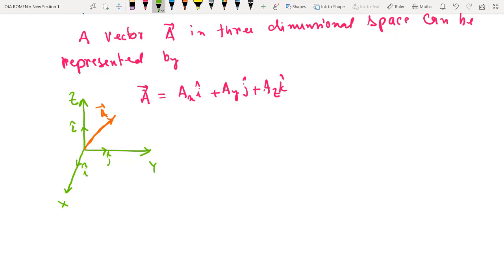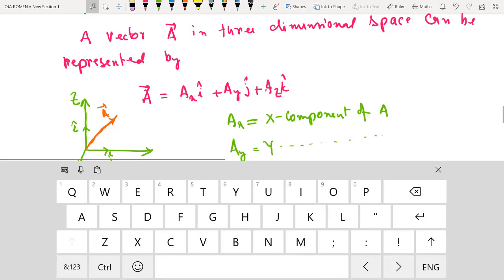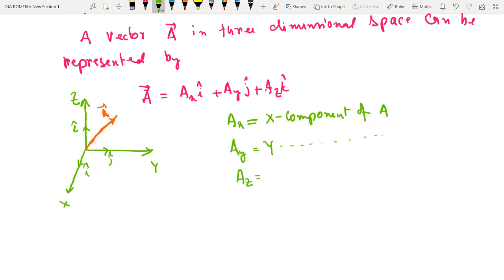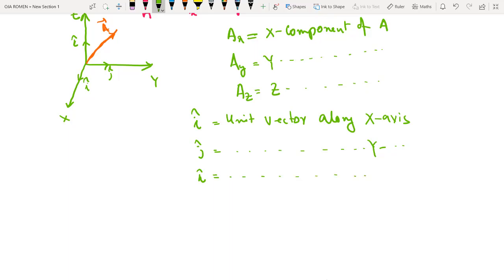And what is AX? AX is the x component of A, AY is the y component of A, AZ is the z component of A, and i is the unit vector along x-axis, j unit vector along y-axis and k unit vector along z-axis.